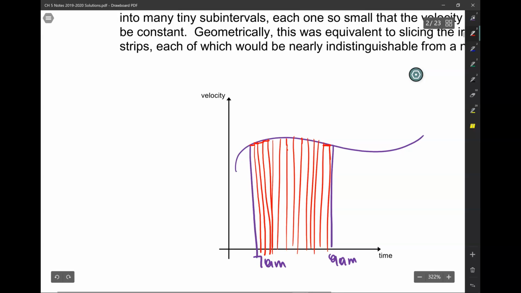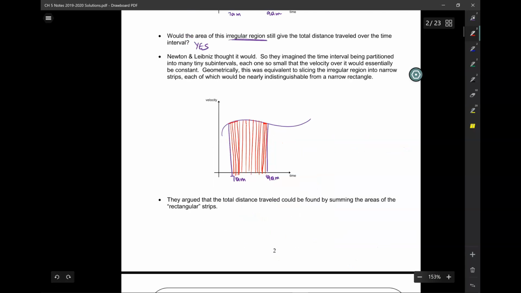So I accept the fact that there is a slight approximation that we're doing here. But one way to get around that is to make more and more rectangles. If I divided this into more rectangles, then that space would be covered up more and more. So that's the trick behind it, okay?